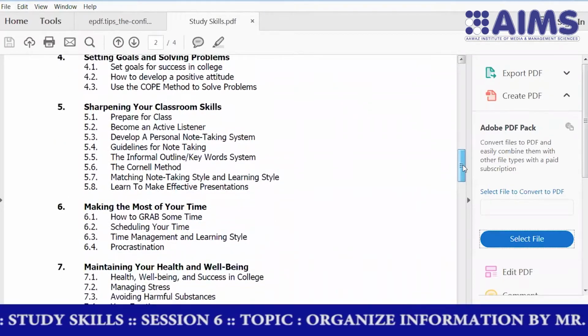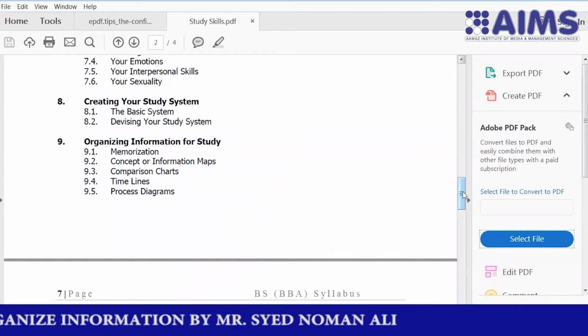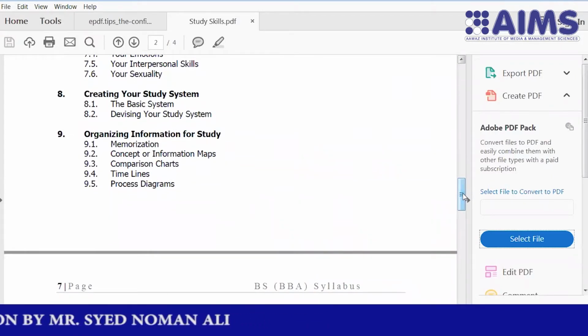Study skills, and now we are discussing content number 9, organizing information for study.